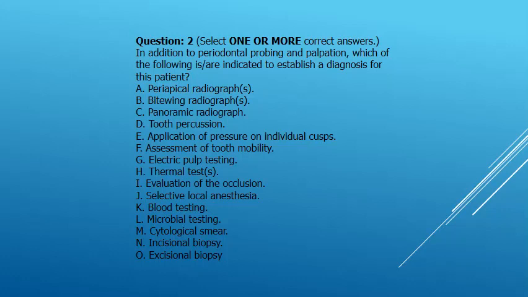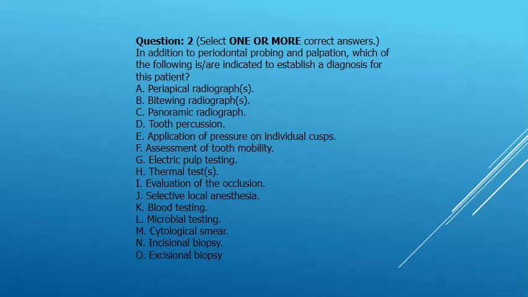So let us have a look at the options. These are periapical radiograph, bitewing radiographs, panoramic, tooth percussion, application of pressure on individual cusp, assessment of tooth mobility, EPT, thermal test, evaluation of occlusion, selective local anesthesia, blood testing, microbial testing, cytological smear, incisional biopsy, excisional biopsy.